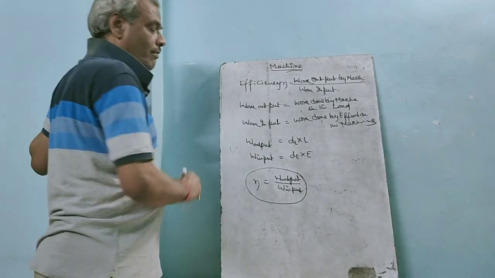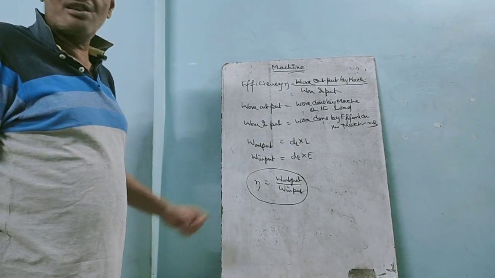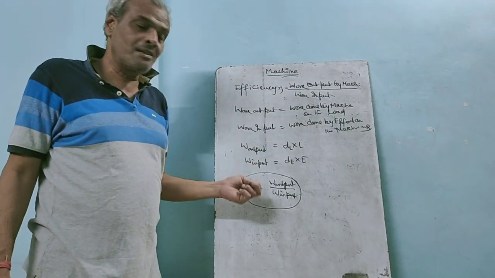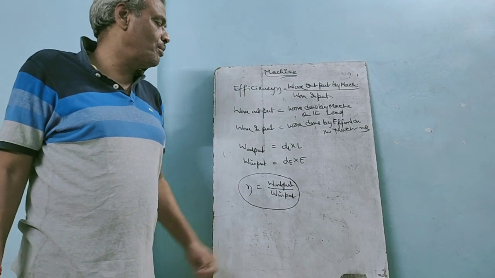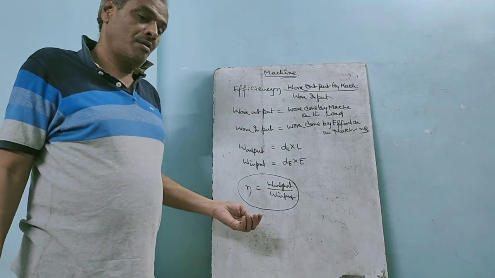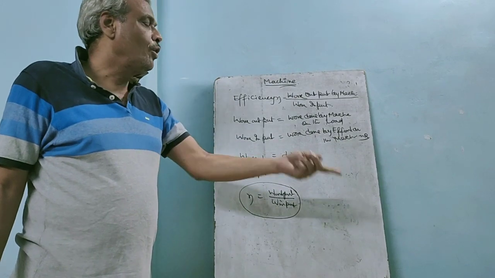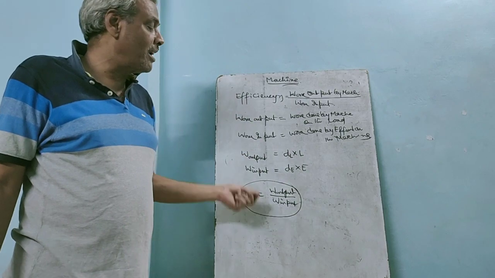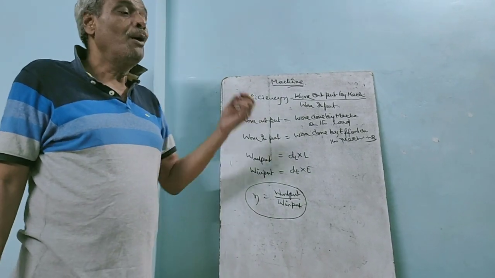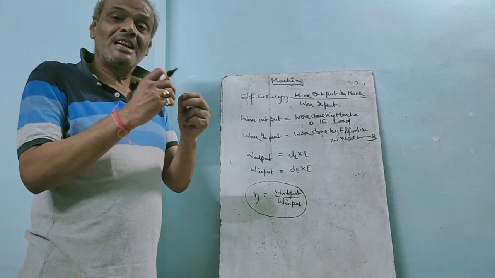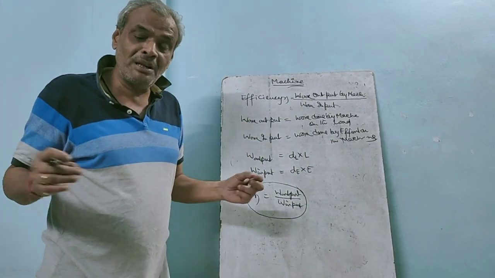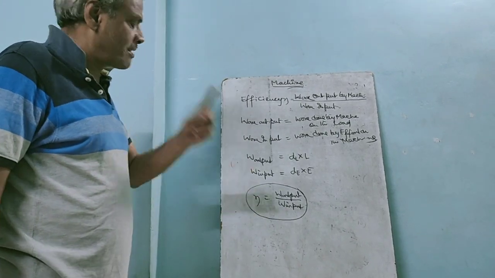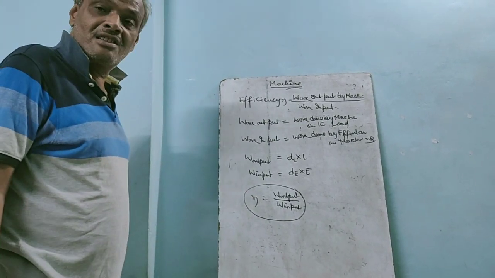For an ideal machine, efficiency is 1. But for practical machines, output cannot be equal to the input. Why? Because of the work that effort does on the machine, some part is spent against friction, movement of movable parts, elasticity of the strings, weight of the string, weight of the pulley, etc. So the efficiency of a machine is always less than 1.